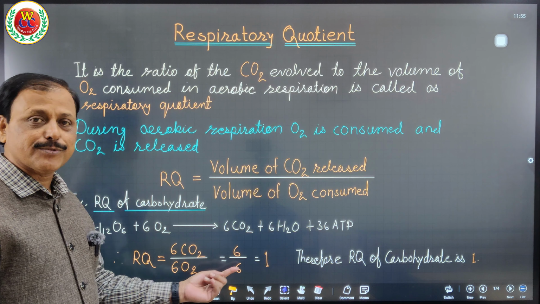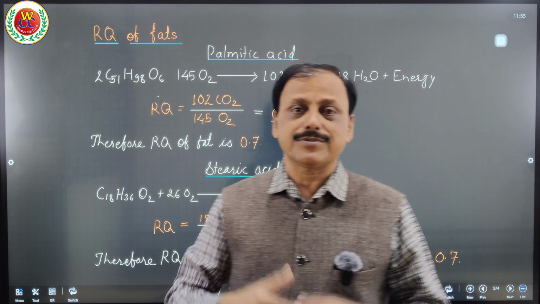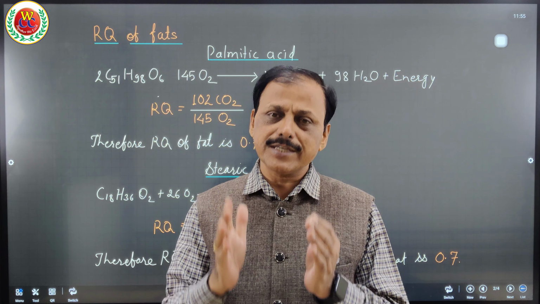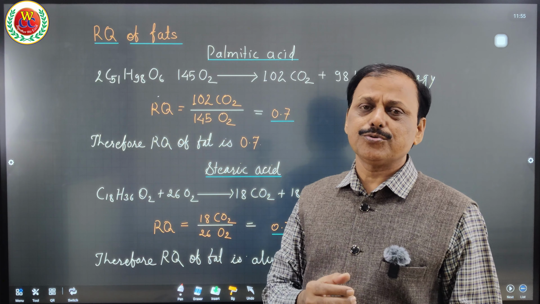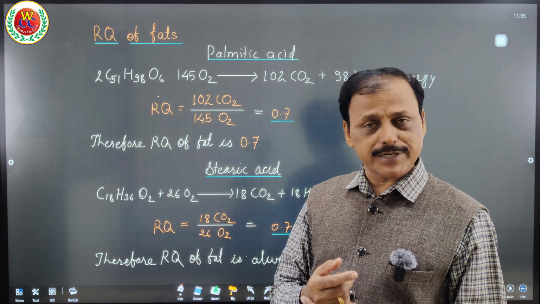Now know about fat. It's very simple. Again, we have fat as a substrate in respiration. Breakdown of fat requires more oxygen, since fats are very reduced while glucose is less reduced. Glucose has a very low concentration of hydrogen and carbon in its composition, but in fat the concentration of carbon and hydrogen is very high. Therefore, they are highly reduced and require more oxygen for respiration and breakdown.